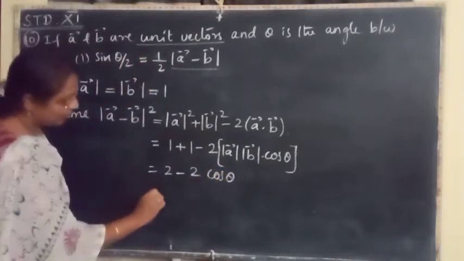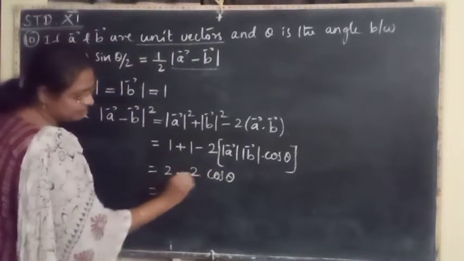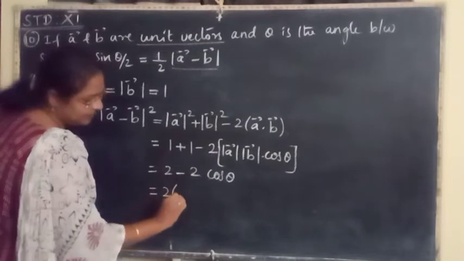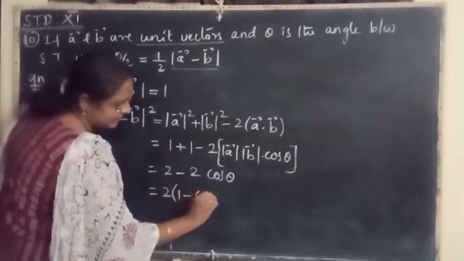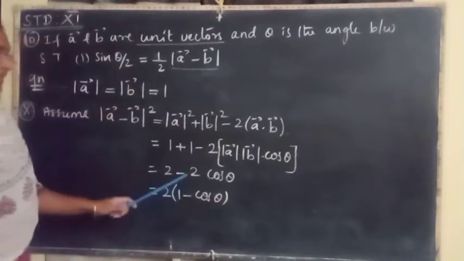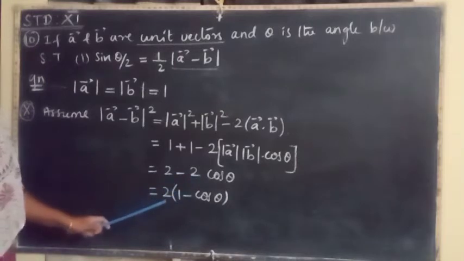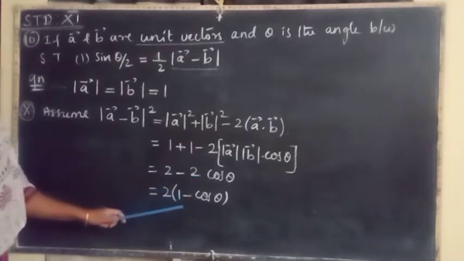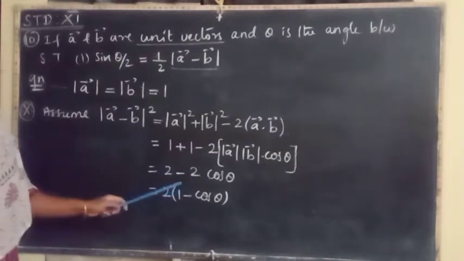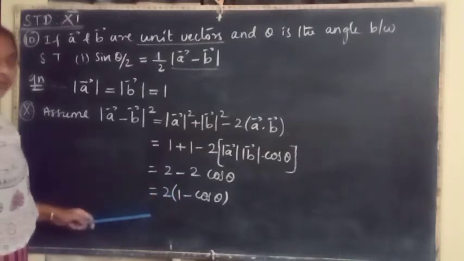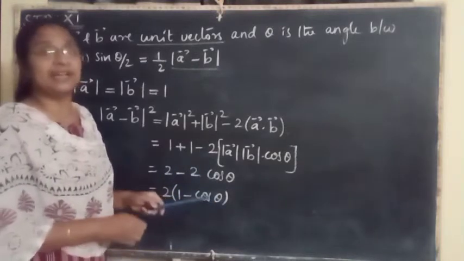Okay. Now look into this. 2 is common in both the terms, so I am going to take it common: 2 into 1 minus cos theta. I have taken 2 common. Now this is also a very important thing you have to memorize, in the trigonometric identity. It is a formula identity.